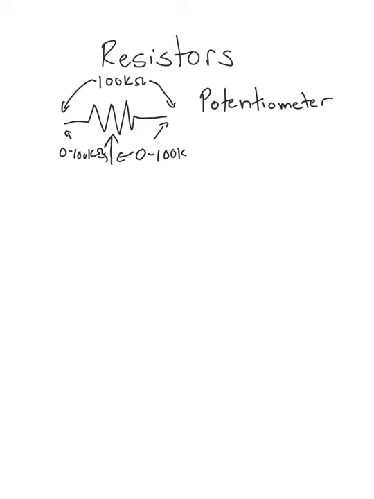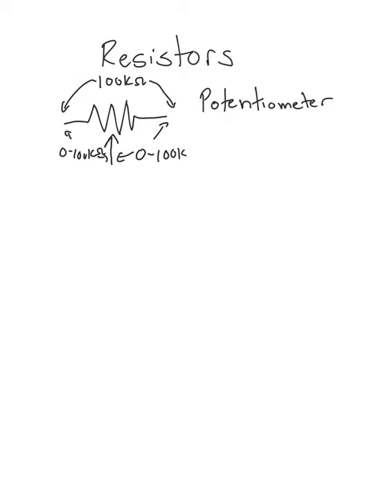So in this case, I have a path through part of the resistor and out the middle lead. Depending on where that middle lead is adjusted determines how much of the resistor it actually travels through, how much of that 0 to 100,000 ohms we actually place. So a potentiometer is just a variable resistor.